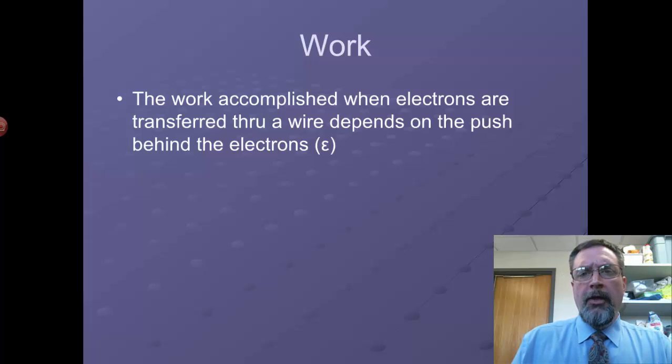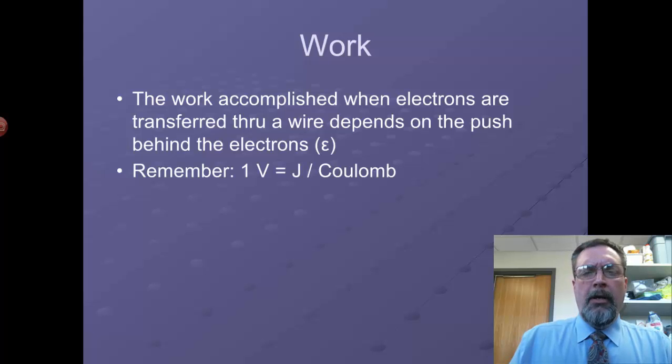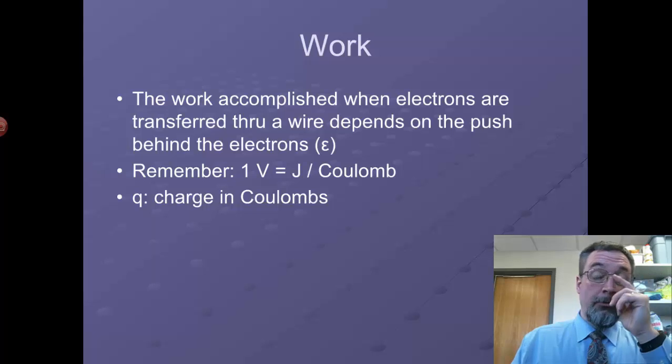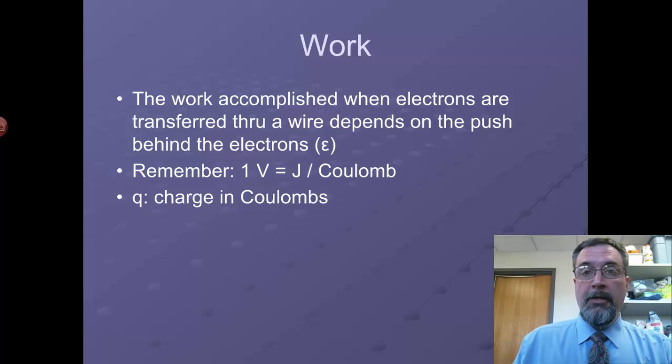If there's not a large value for E cell, then you're not going to do a whole lot of work with this galvanic cell. Now, a volt, which is what we measure E cell in, is equal to a joule per coulomb. Q is used in the case of electrochemistry to represent the charge in coulombs.